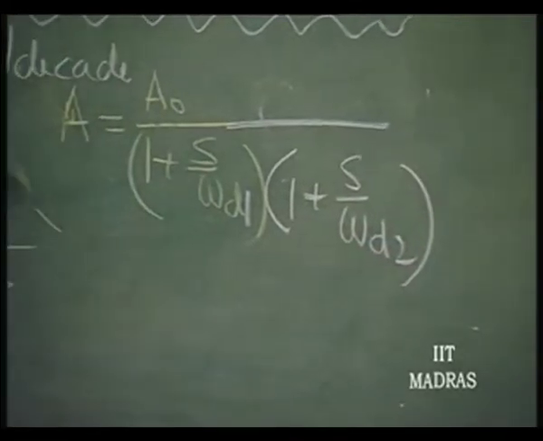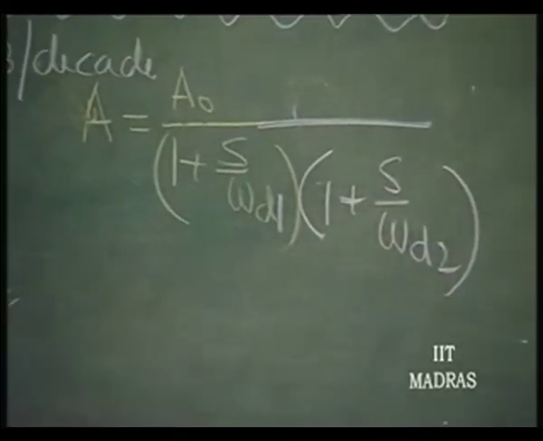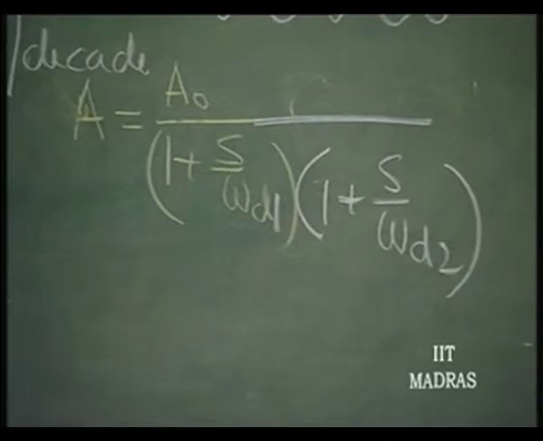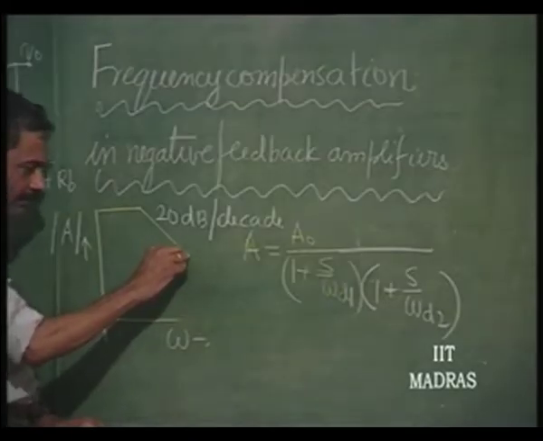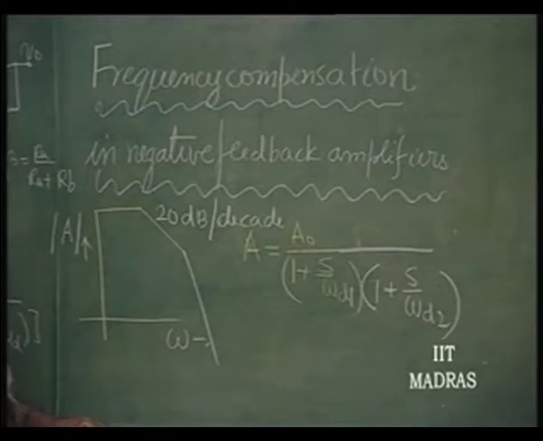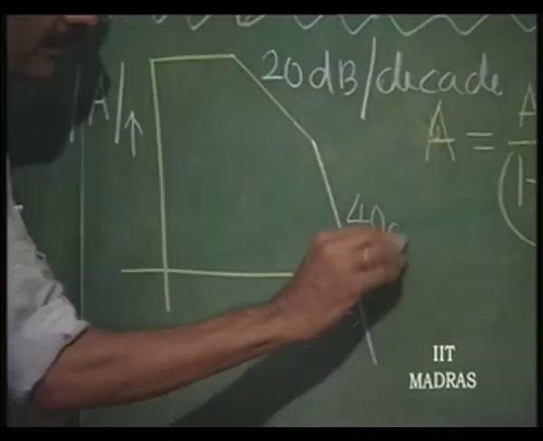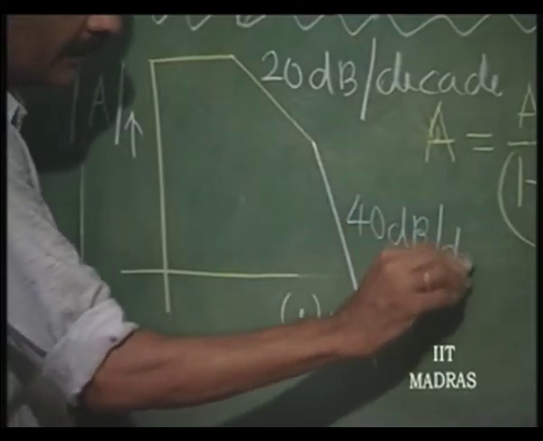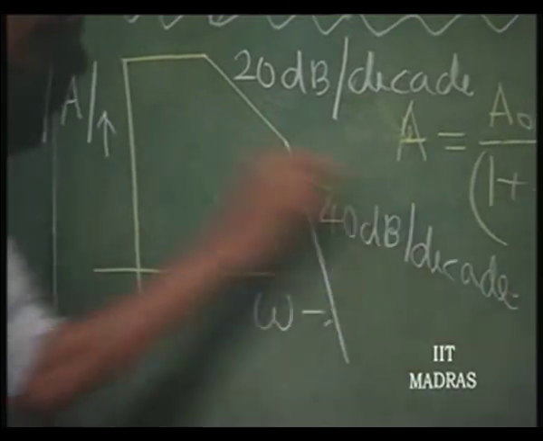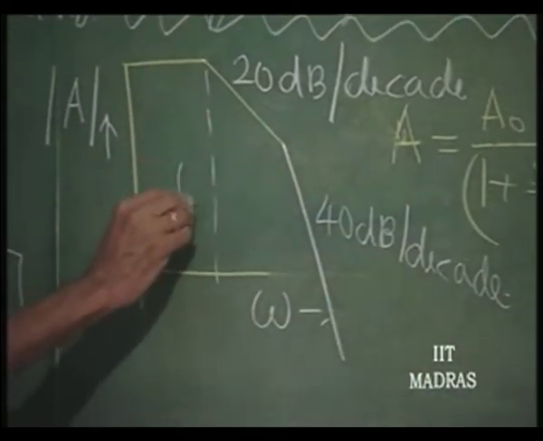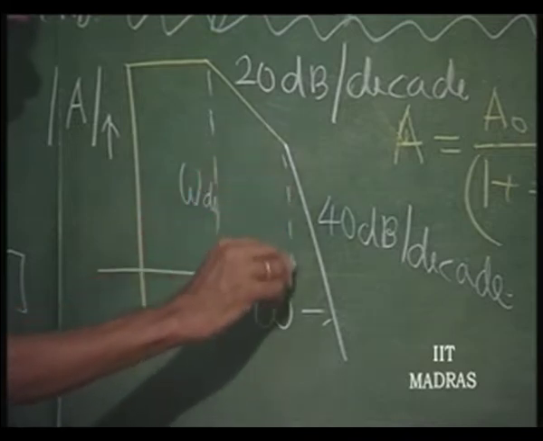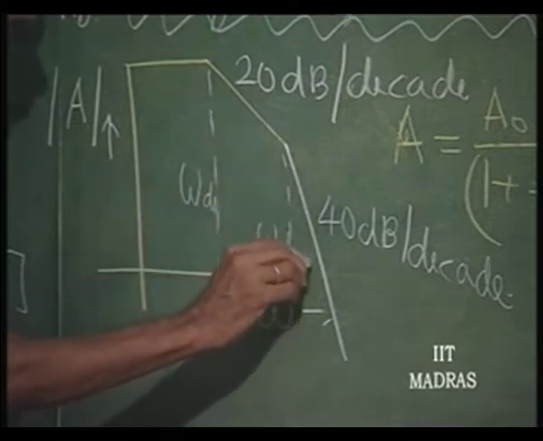What it means is that in the range of interest to us, before the gain falls to 1, we have this falling at 40 decibels per decade. This is omega d 1 and this is omega d 2.